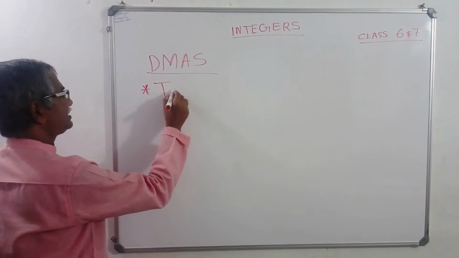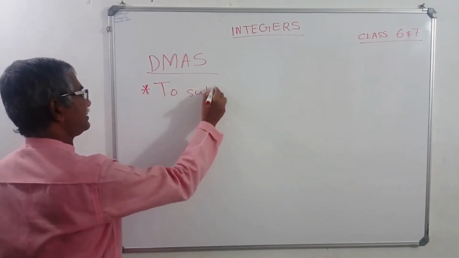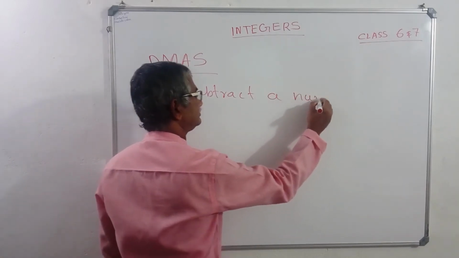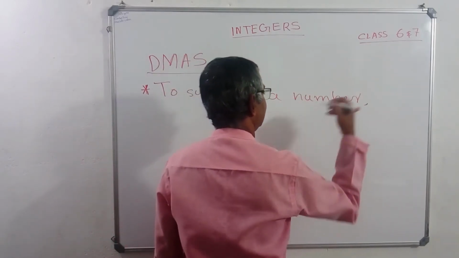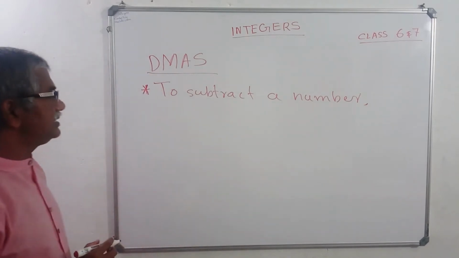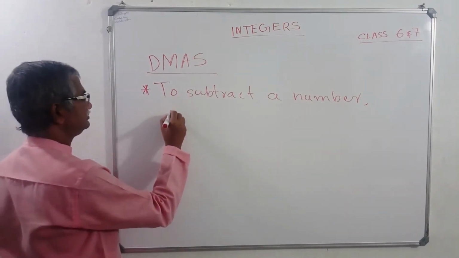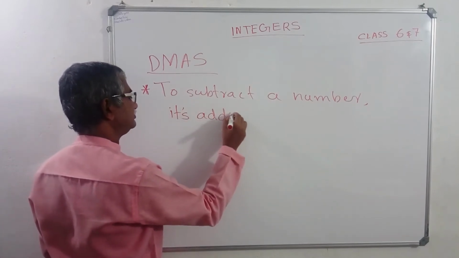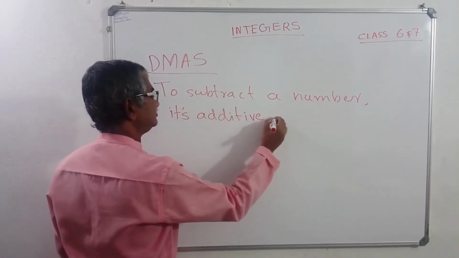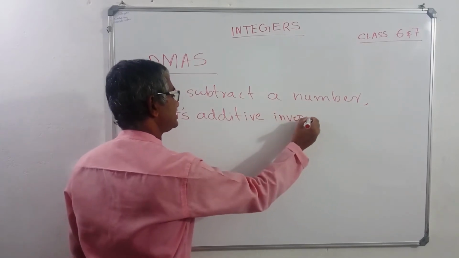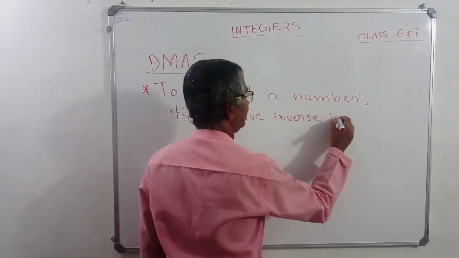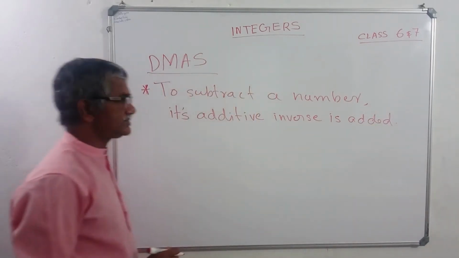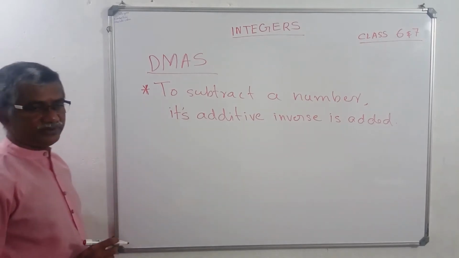To subtract a number, its additive inverse is added. We can discuss this matter. What is additive inverse?